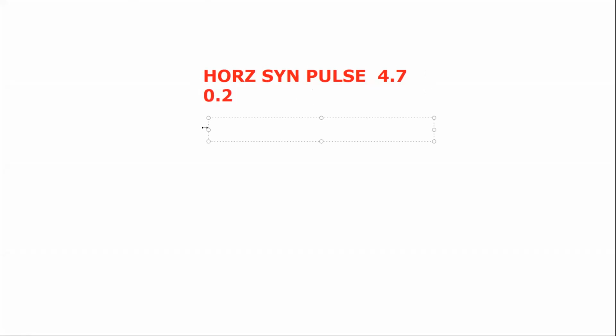And similarly, the front porch. So the front porch is equal to 1.7 plus or minus 0.3.